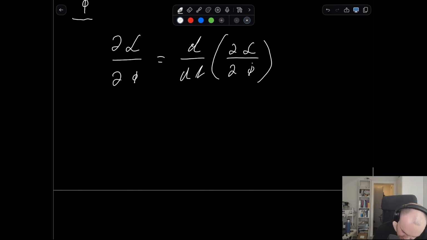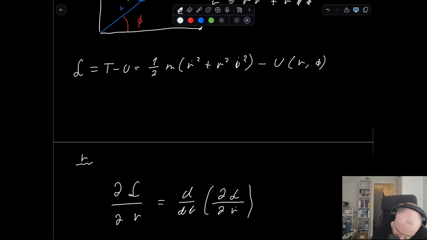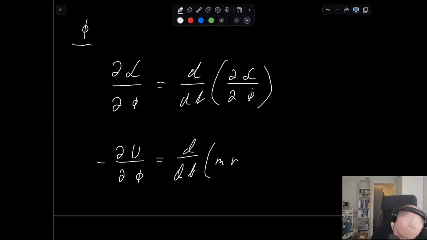Now the partial Lagrangian with respect to phi is minus partial u over partial phi, and that's equal to d over dt, and that one is a little bit special because we still have r squared there, so it'll just be m r squared phi dot like that.